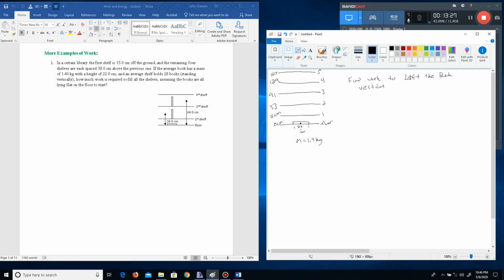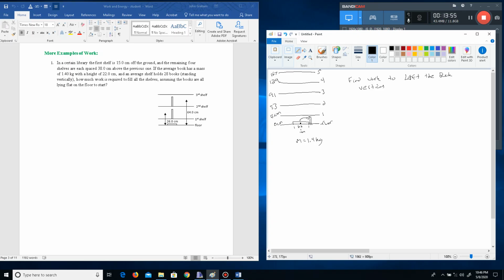Okay, so basically rotating this book upwards. The way we find this is that we are looking at just the work done to move the center of mass up, so it's 11 centimeters off the ground.